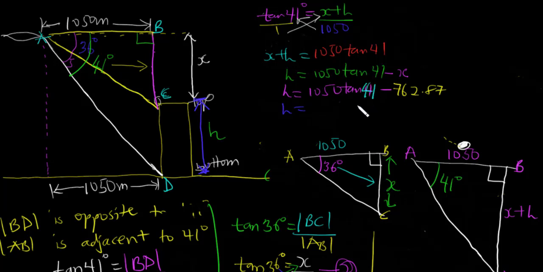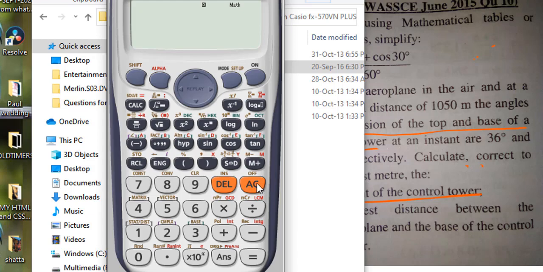And let me pull up my calculator. All right, so let me check it on the calculator. 1050 tan 41 minus 762.87, and that gives 149.88.